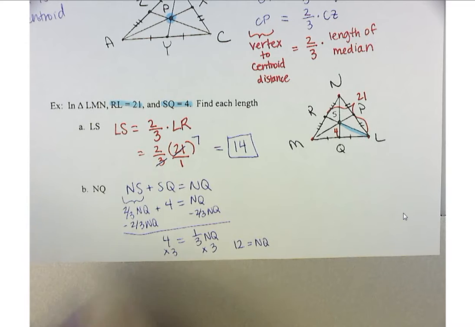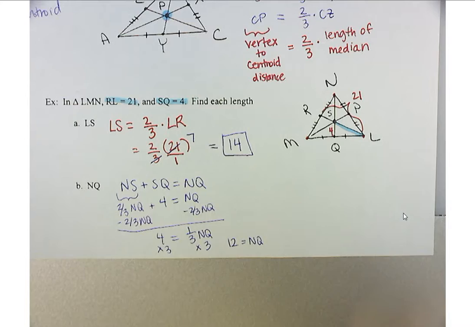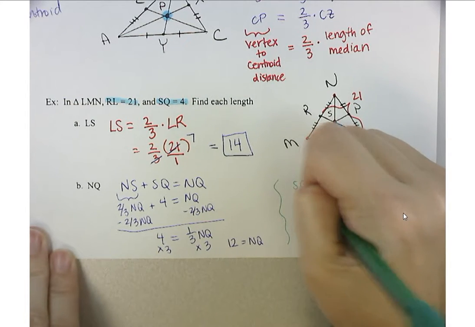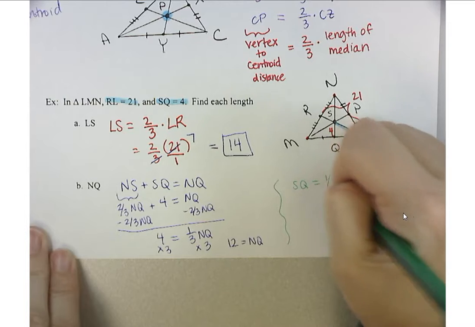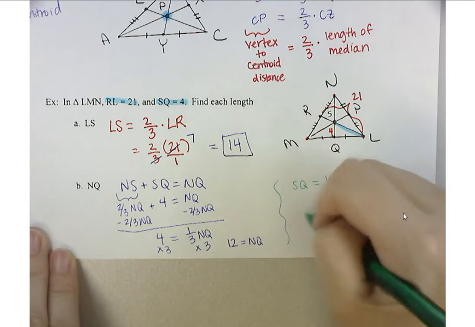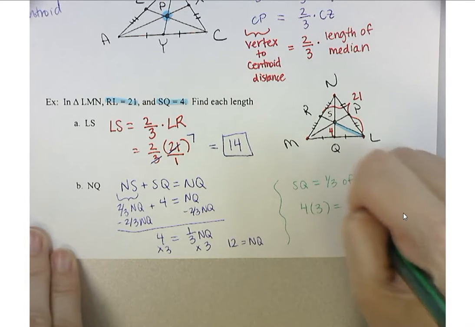Okay, and then you could also just think of it in terms of logic, which is what Caitlin was talking about. So if you know that SQ is equal to 1/3 of NQ, you could just take 4, multiply that by 3, and that would give you 12.